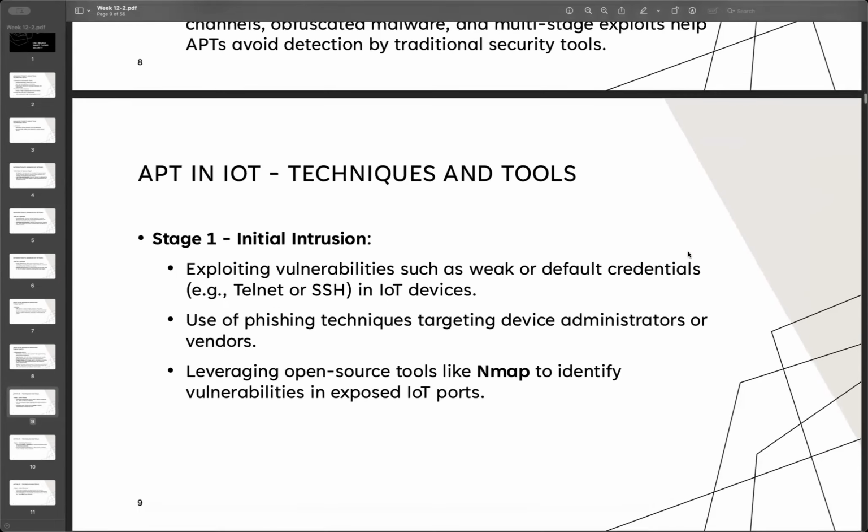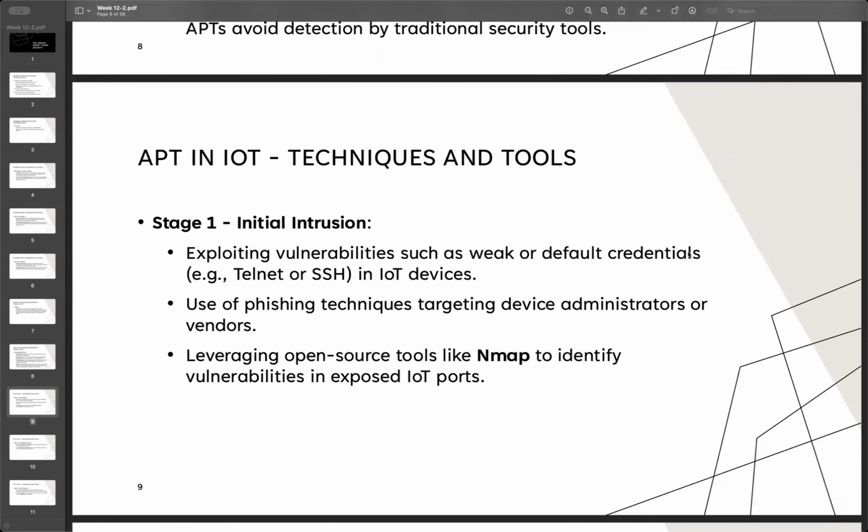As a first stage, how can they start the initialization? They choose to exploit something of poor quality, such as weak or default credentials. So we look for Telnet or SSH in IoT devices. We can also use phishing techniques targeting device administrators or vendors.